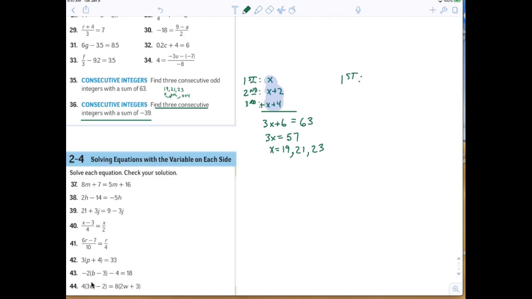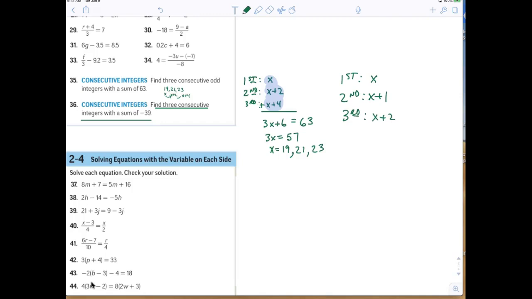No. So it's going to be x. Now, the second number, if it's a consecutive integer, what's the next number going to be? Say it. x plus 1. And what's the next number going to be? That's correct. x plus 2.